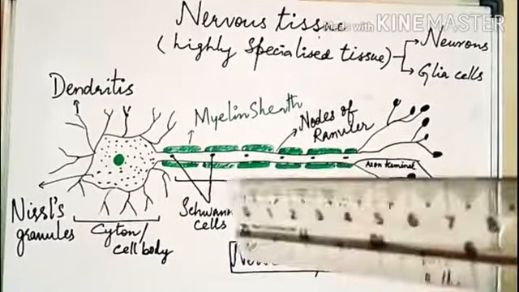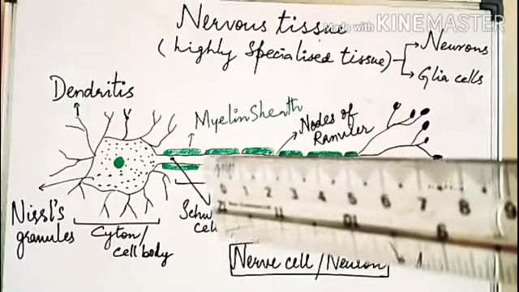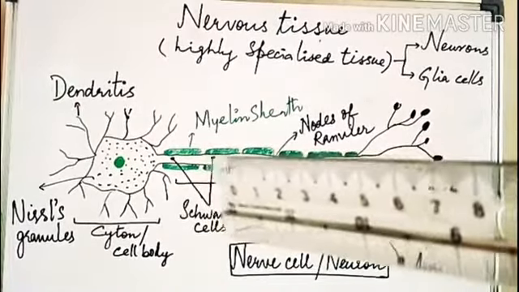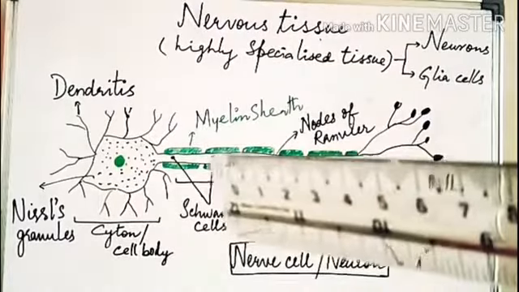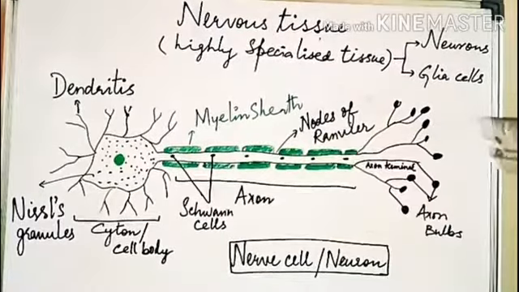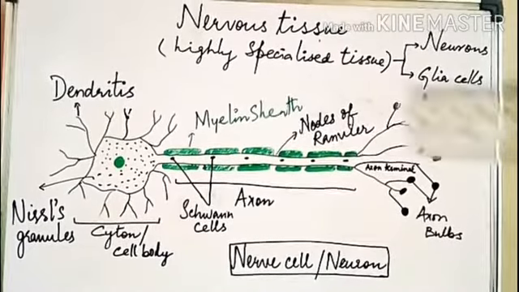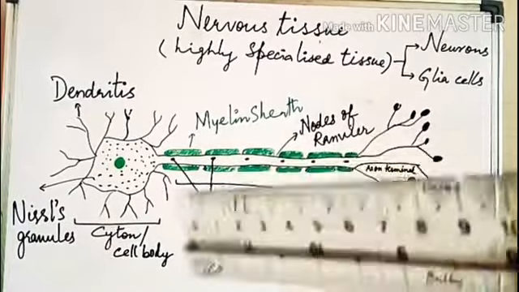Fine. Then you can clearly see that there is a space or gap between two myelin sheaths, and these gaps are called nodes of Ranvier. Now in a myelinated nerve cell, what is this node of Ranvier responsible for?